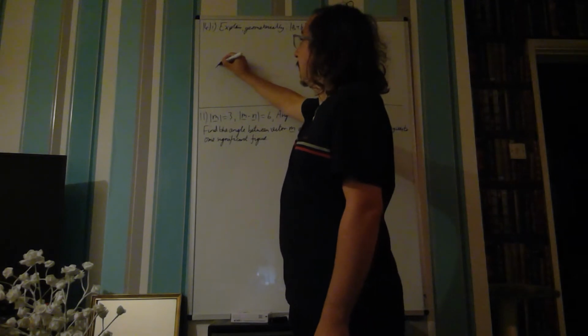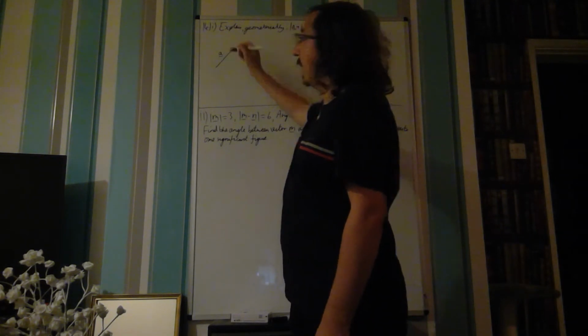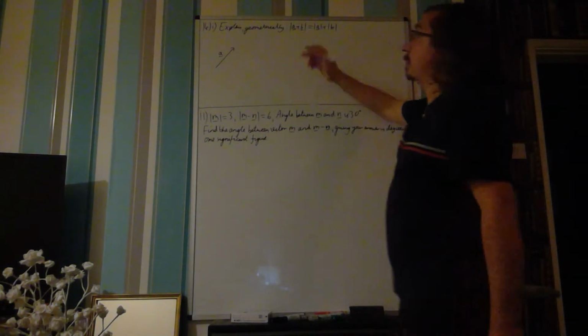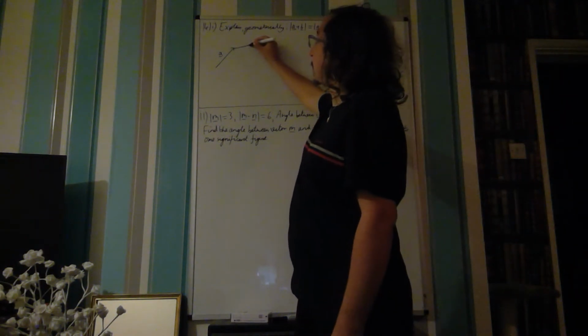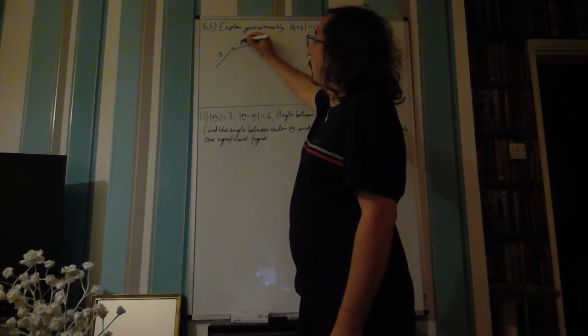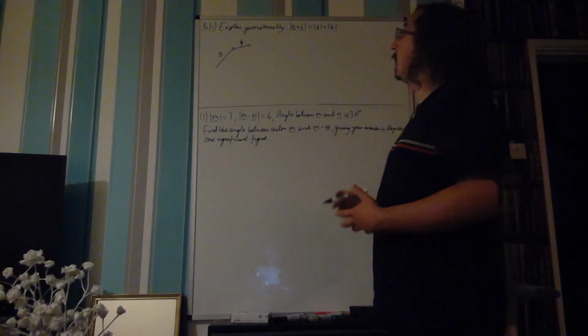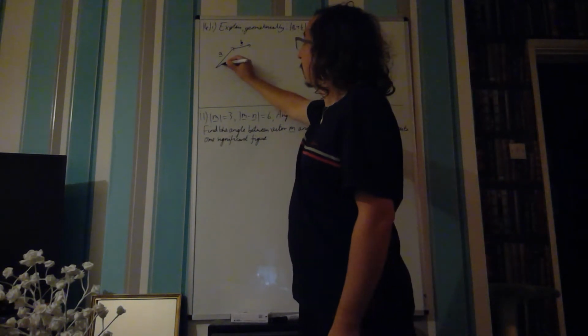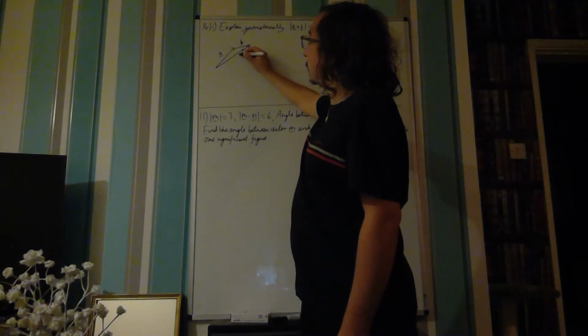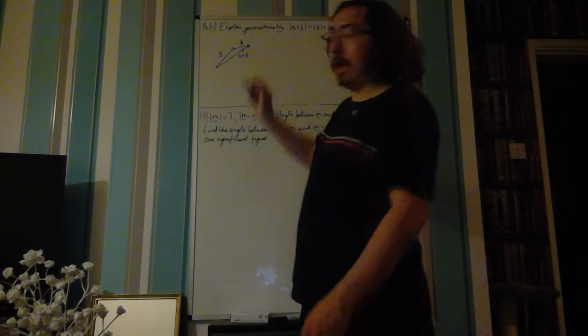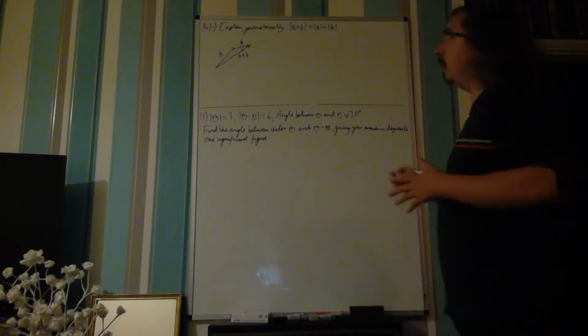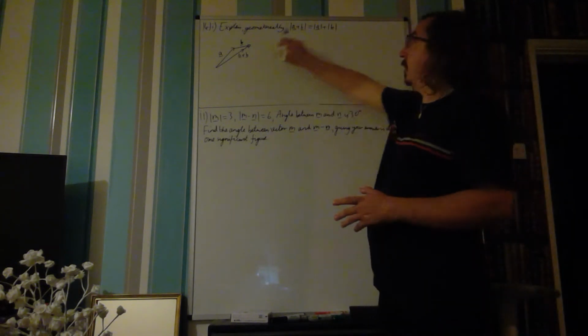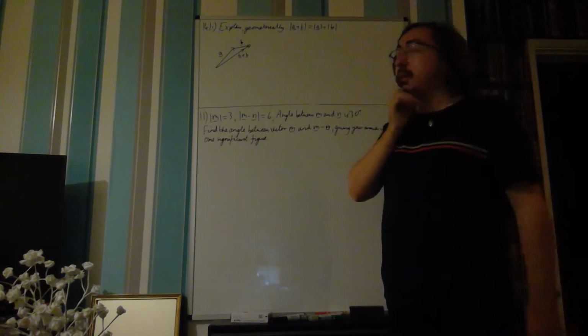If we had, say, the vector A there, and then we add on a second vector, let's call that the vector B there. If we wanted the path of A plus B, this would be this direct path here of A plus B. Now, does this picture match what we have here?